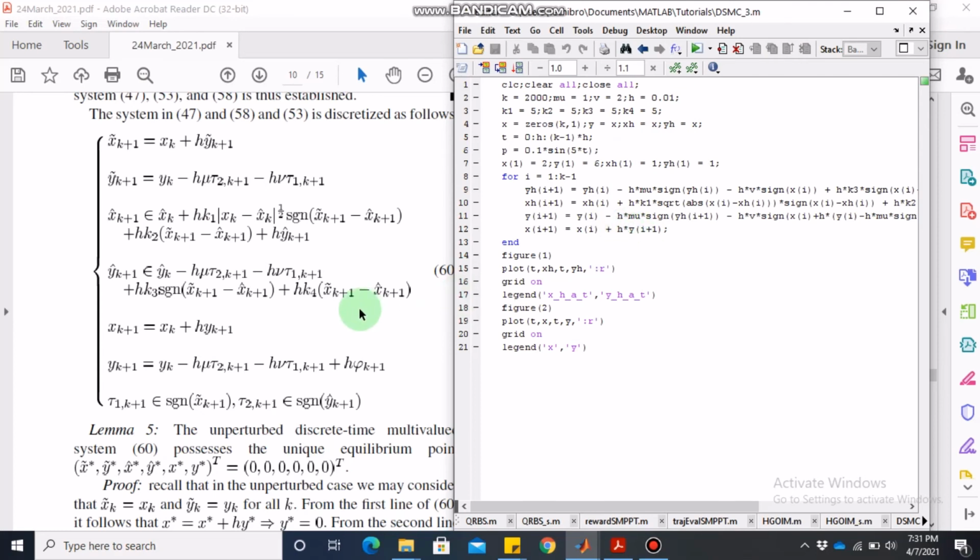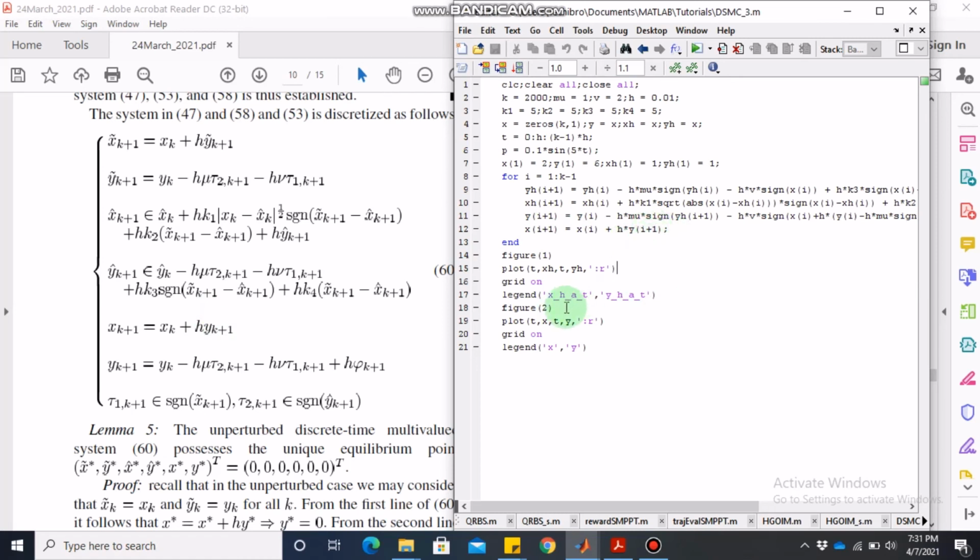The paper has provided ways around it, but those are based on the projections, and I am really not comfortable with the projections. Although you can go ahead and do the projections as proposed by the paper, this method works pretty well for me. Xk plus 1 is xk plus h times yk. That's an easy one.